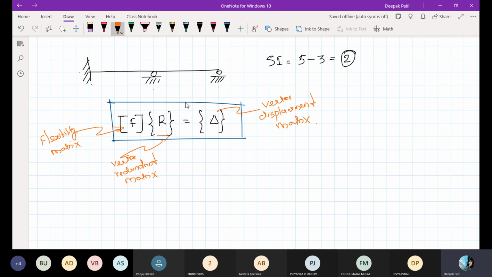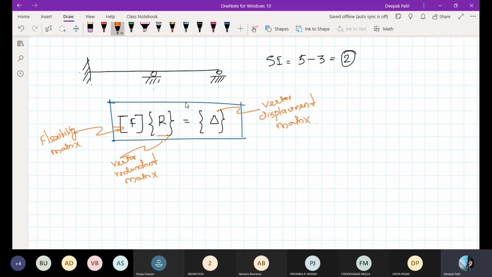Now what are all these things, I will tell you. First, let me explain why I have put a square bracket. Square bracket means the matrix is a square matrix. What is the meaning of square matrix? Number of rows is equal to number of columns.